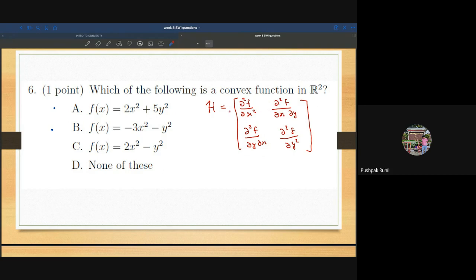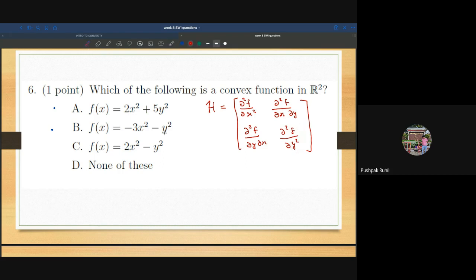So you can have xx, then xy, yx, and then yy. You can do it the other way around as well. The approach that we're going to use is going to work for both. Okay. All right. And on the lower right corner, you differentiate the function twice with respect to y.